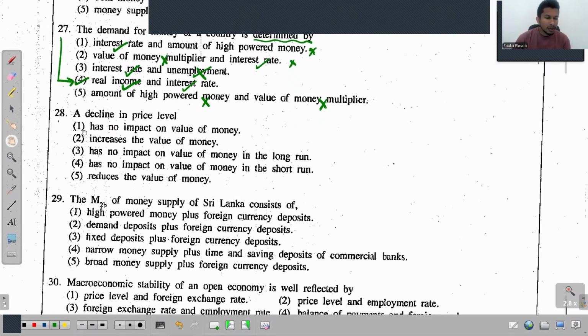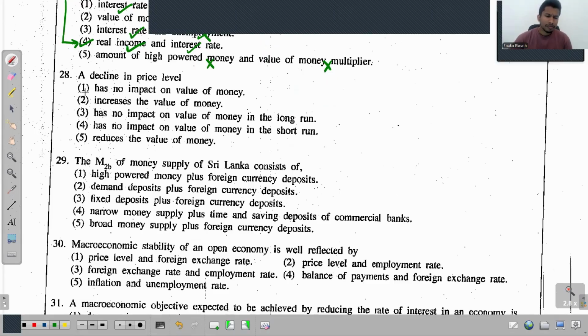Right, look at this question 28. In question 28, it says a decline in price level, which means, imagine that we have this price level, if not, in very simple terms, let's say that we have the price of a good. The price of a good is not 100% identical to the price level, but for the time being, just to make things simple, let's say that the price of the good is 100 initially.